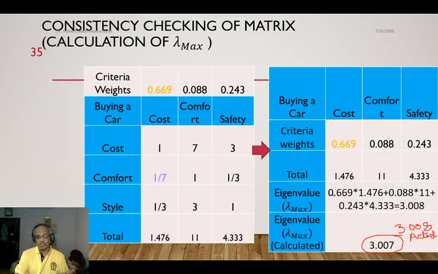Now we are checking the consistency for this example. In the same way we did for the criteria weights, we have written the totals, multiplied them, and added all this up, and we get 3.008.